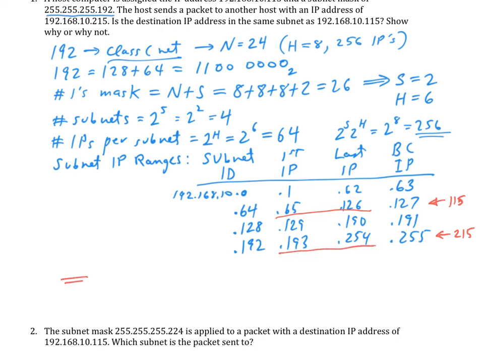This implies that IPs .115 and .215 are on different subnets.